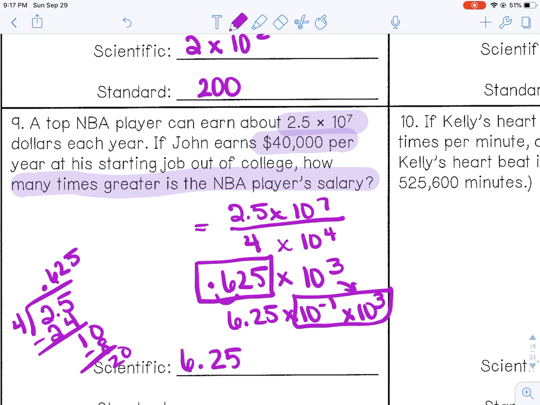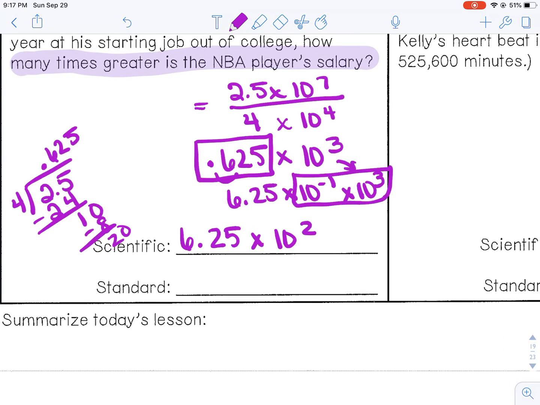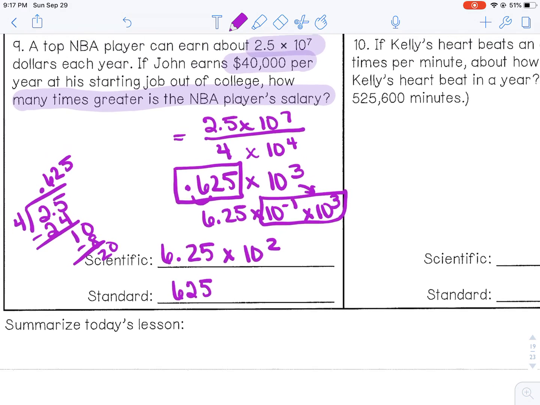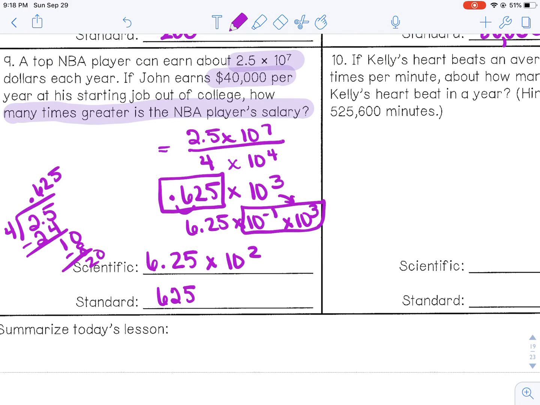And let's see, negative 1 plus 3, that's going to give me 10 to the 2nd power. All right, so when I multiply it by 10 to the 2nd power, I'm going to move that decimal over 2 places, and it'll give me 625. So the college player, actually the NBA player, makes 625 times the amount of money that poor John makes.